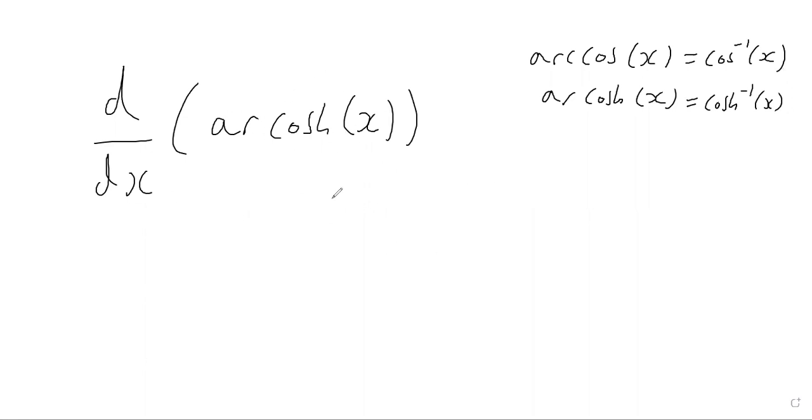So the inverse hyperbolic cos function. A similar process to my previous video, when we differentiated the arsinh function, the inverse hyperbolic sine function. We're going to let y equal arcosh of x.